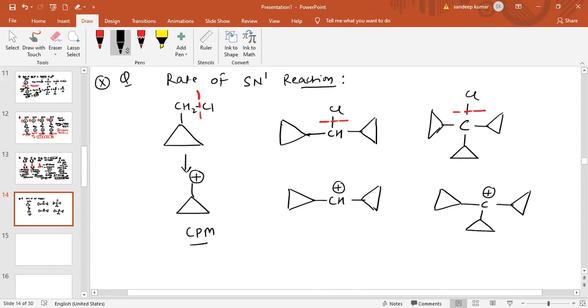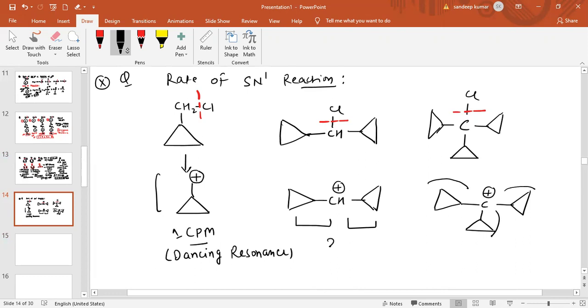And in CPM, we know there is dancing resonance. There is one CPM ring in the first, two CPM rings in the second, and three CPM rings in the third.